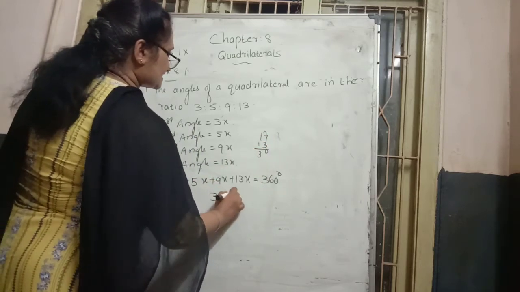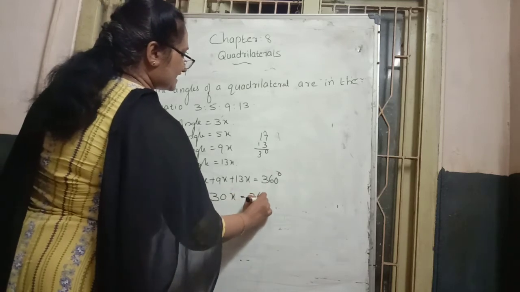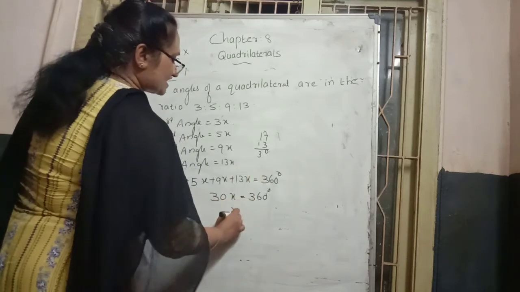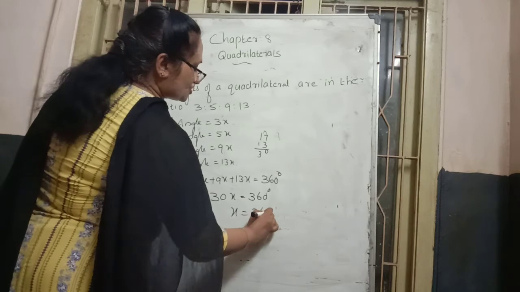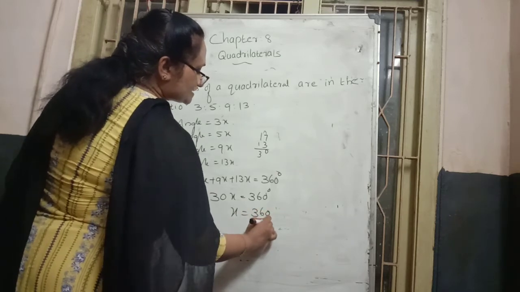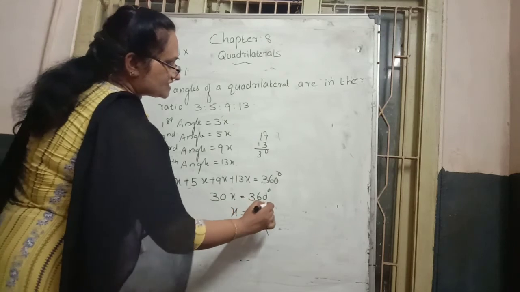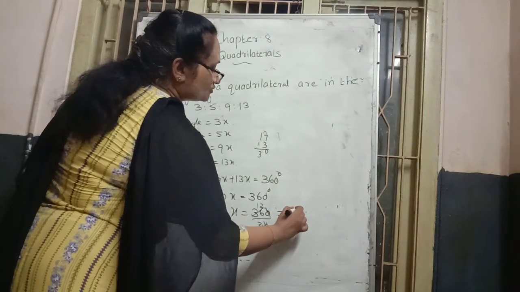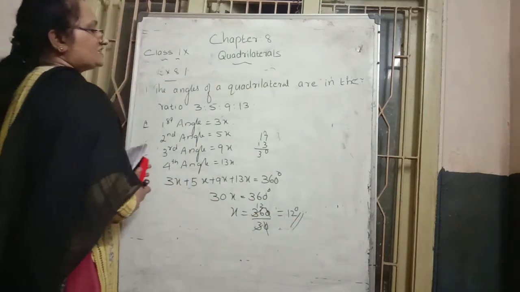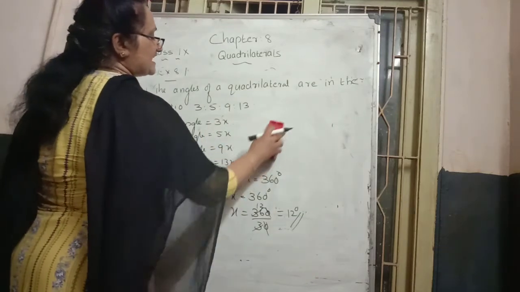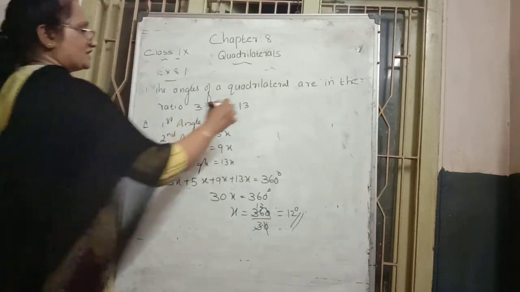So 30x equals 360. How to find x? 360 divided by 30, zeros cancel, 3 times 12 is 36, so x is 12 degrees. Then we find the exact first, second, third and fourth angles.